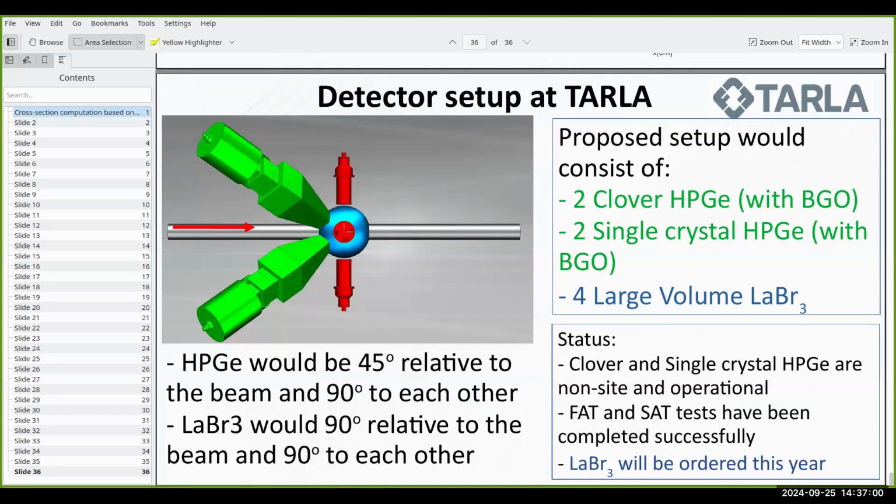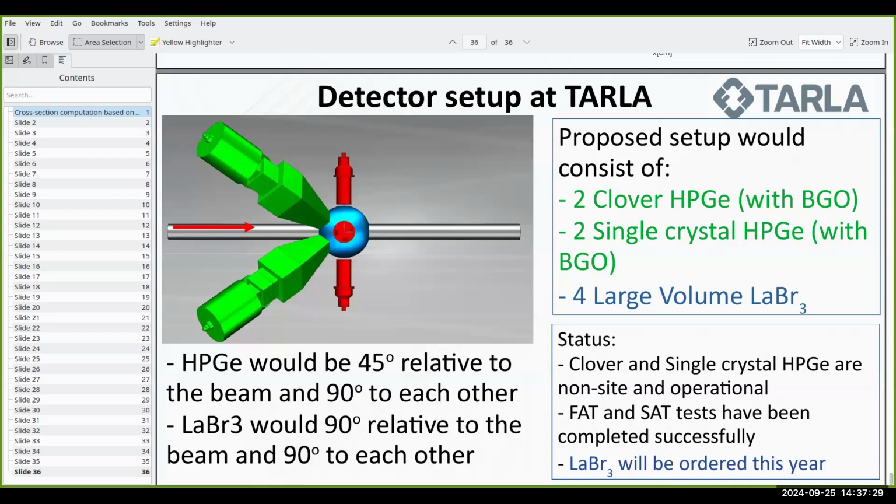Then on the detector side, we are intending to use 4 germanium type detectors. 2 would be single crystals and 2 would be clovers. Clover is a detector type where you have the germanium crystal, but it has been segmented, meaning that effectively you have 4 crystals which are so close to each other that they can be considered as a single detector.